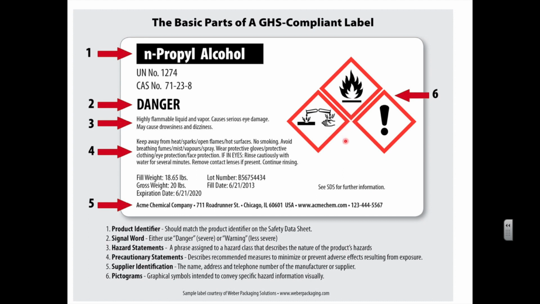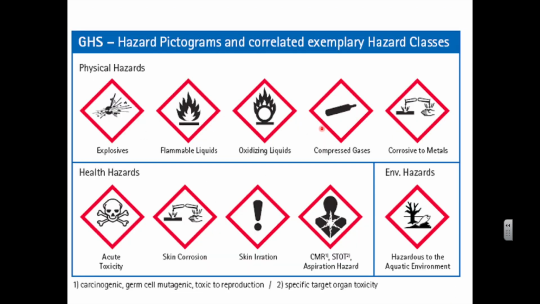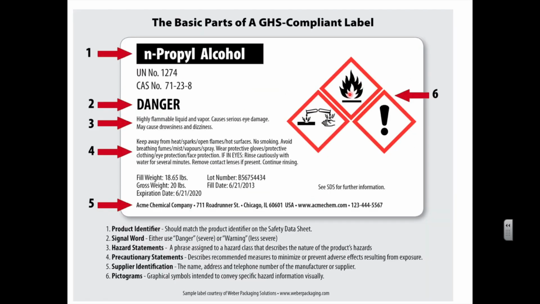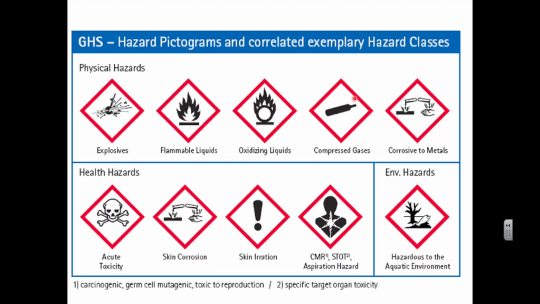Okay, so these pictograms are interesting. This means that it's an irritant. This means that, or caution, this means that it's an oxidizer. This means it's corrosive. Sorry, it doesn't mean it's an oxidizer. This doesn't mean oxidizer, it means flammable. My bad.